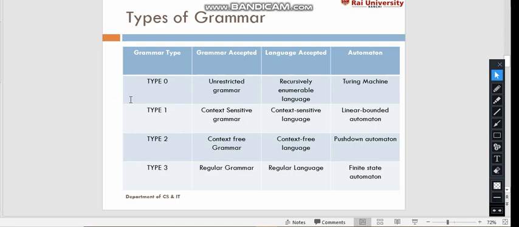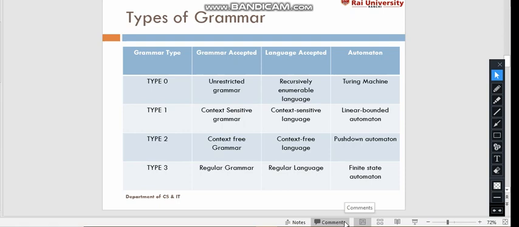Now let's start with type 0. Type 0 is also known as unrestricted grammar, and the language generated by this type of grammar is known as recursively enumerable language. Turing machine is an automaton which accepts a recursively enumerable language. We will study Turing machine in detail in further classes.